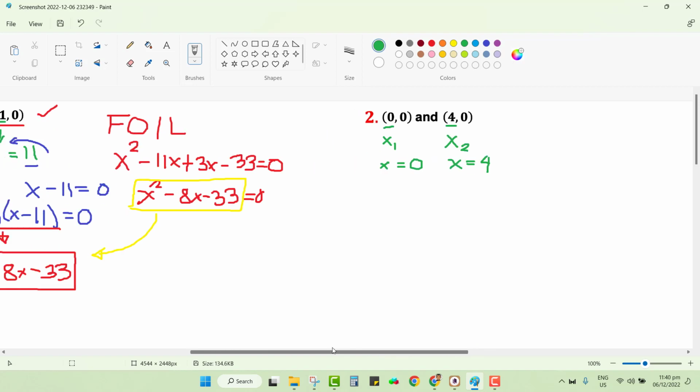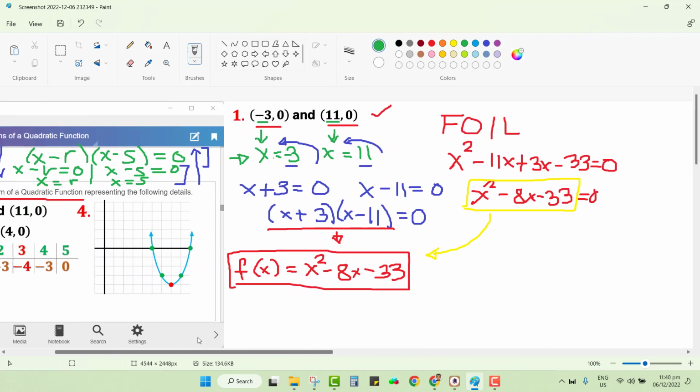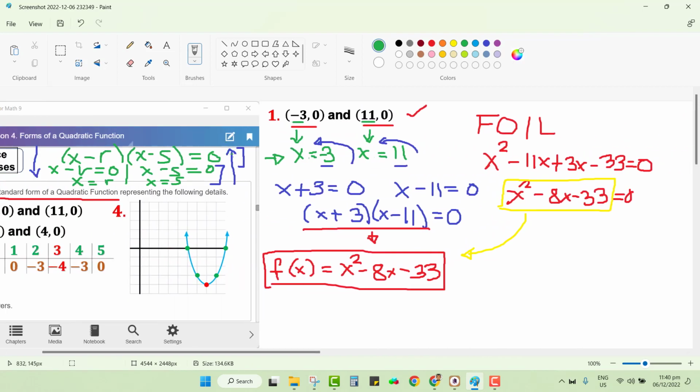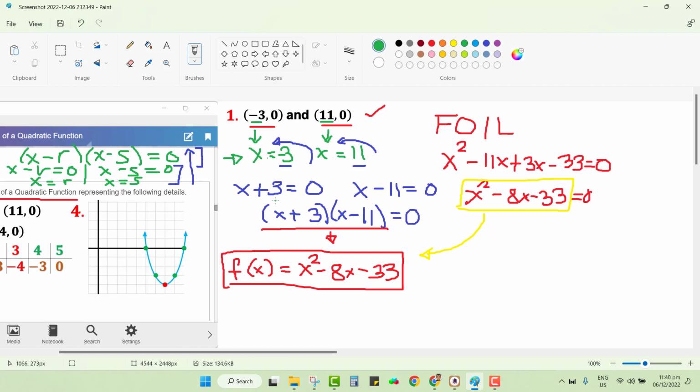Same thing here. Earlier, we used the reverse operation of the zero factor property to get the binomials. Whatever will be the result will be our given quadratic expression for our function.